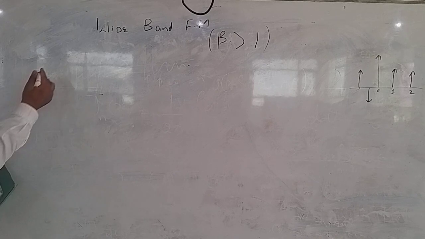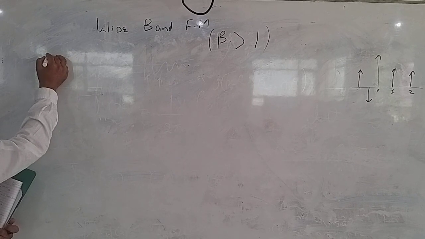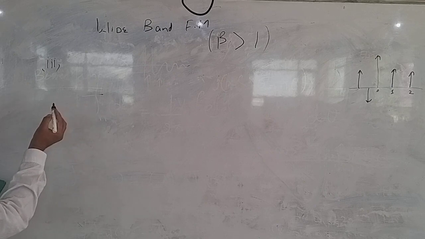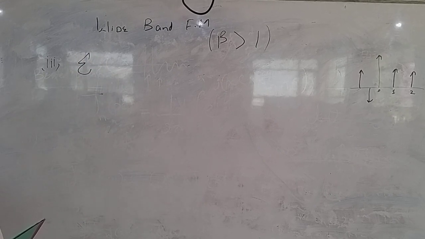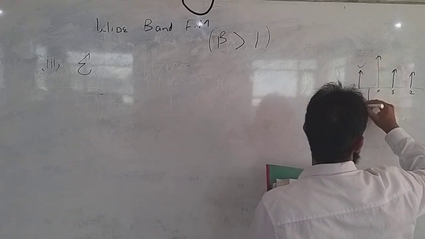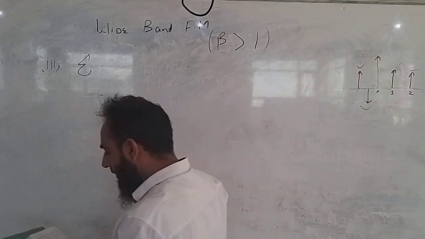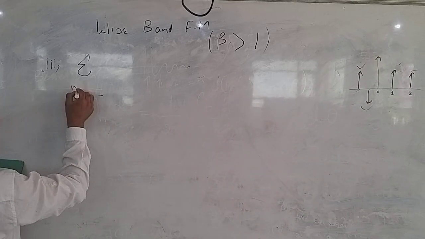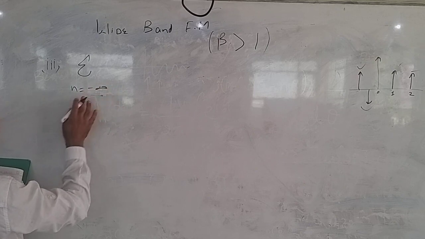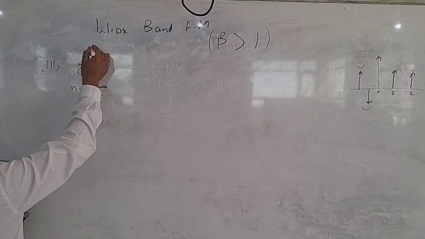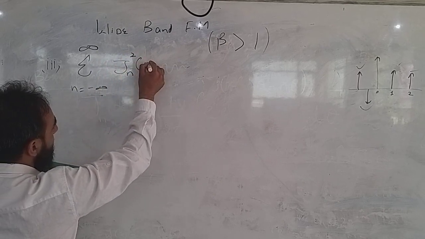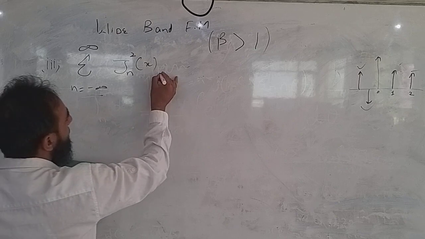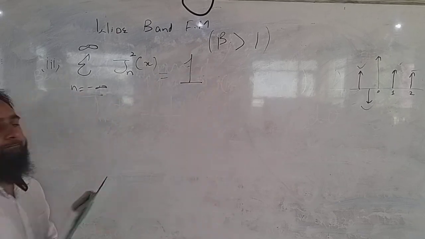Property number 3: if we sum all these coefficients, all the coefficients that there are, and take the square of them, that is the sum from n equal to minus infinity to infinity of Jn square of x, it will be equal to 1.